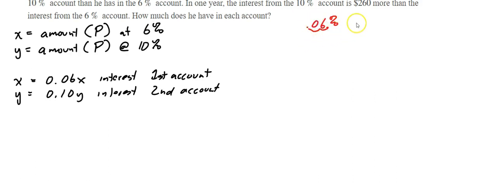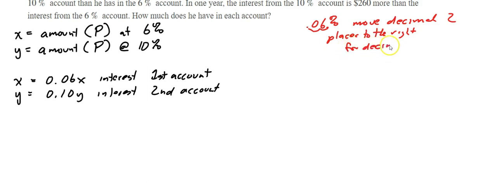That's where I'm getting that 0.06. Just a quick little review, in case you don't remember. Trust me, even I forget to do that sometimes. I'll be doing calculations and be like, what? Wait a minute. Oh yeah, forgot to change it to a decimal.